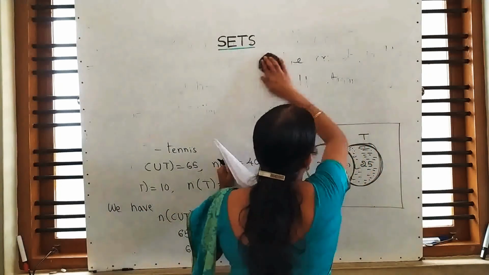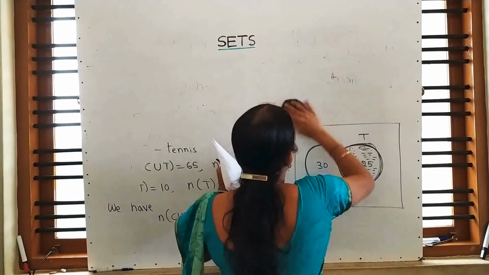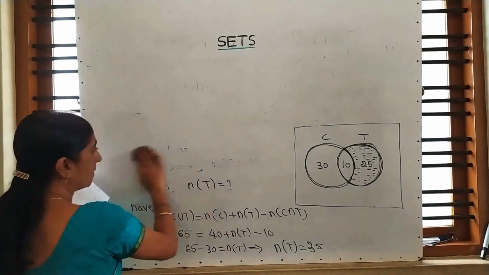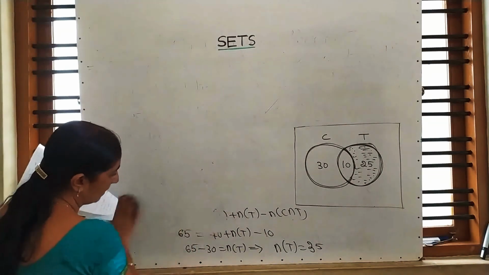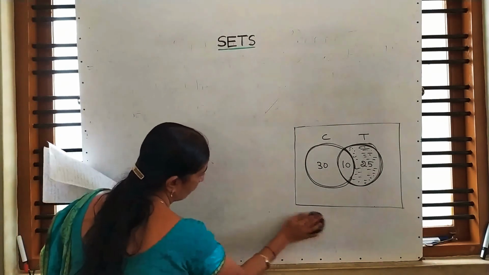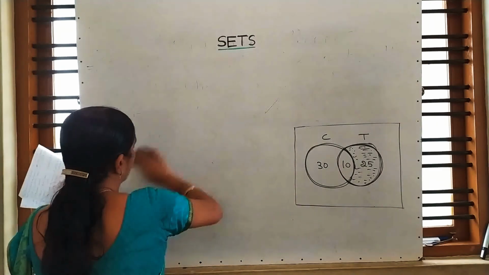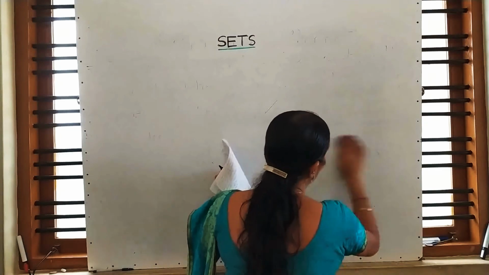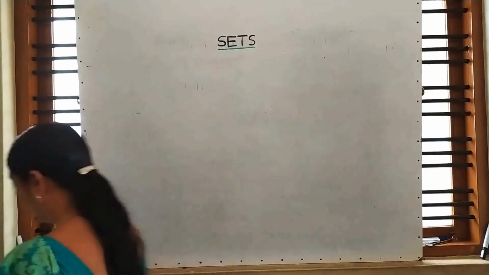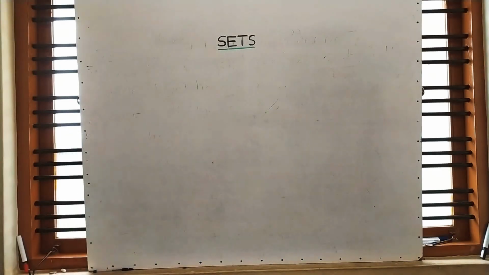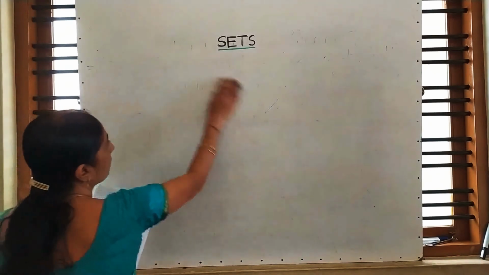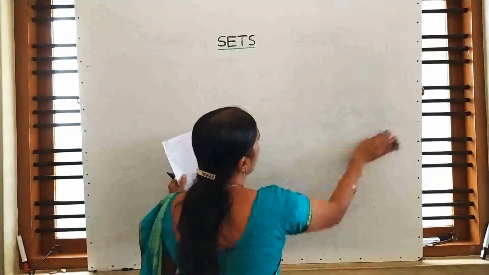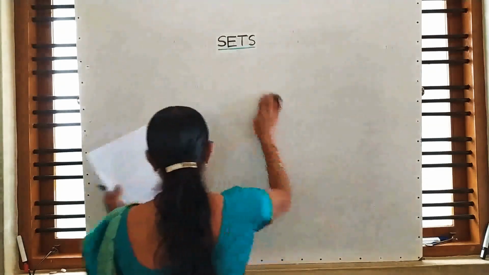Correct or not? Calculate the people who like only tennis, I will give the formula.